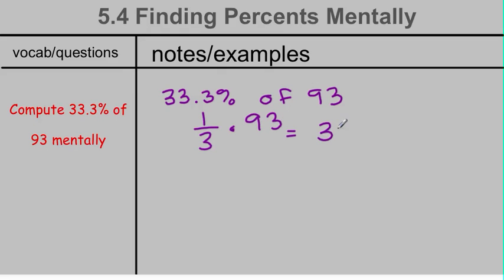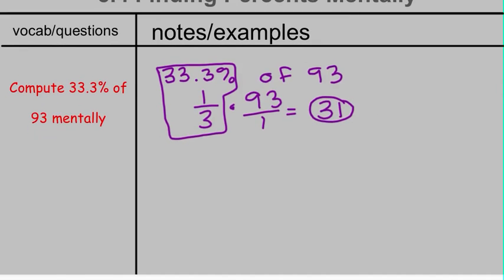So this will give me 31. I know that mathematically these can just divide. I'd be multiplying by 1, so there's my answer. Really quick. This method was much quicker than going 10%, 10%, 10%, and then what do I do with the extra 3? So what's needed? To know these benchmarks, to know that these two are equivalent and are interchangeable.